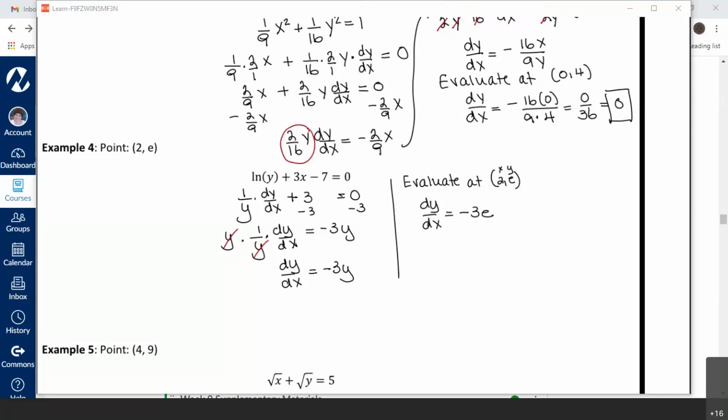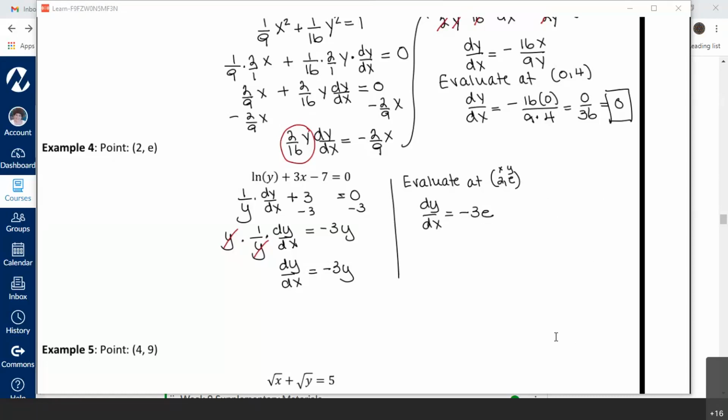Remember, e is approximately 2.7. Okay, so this is a number that's approximately, oh, I don't know, -10-ish. Okay, basically, you just leave the e in here. This is an exact answer, but e is not a variable, okay? So basically this is your exact answer. Don't approximate e, just leave it like this.